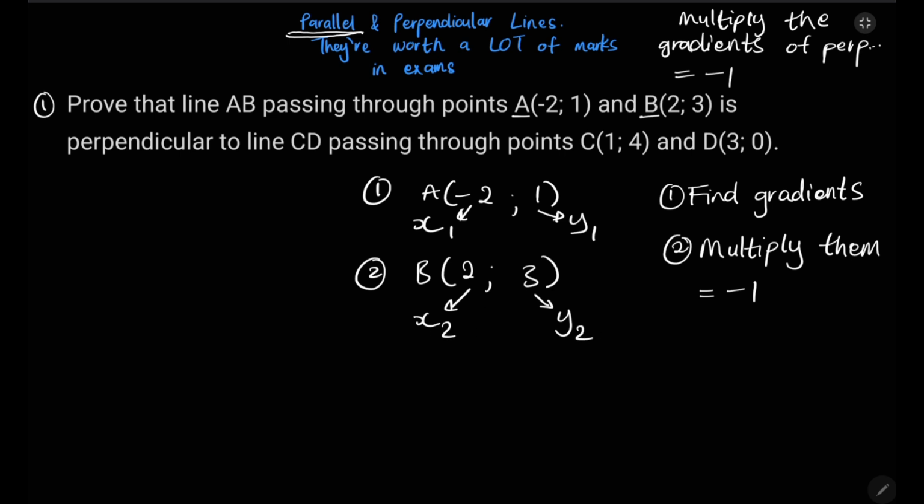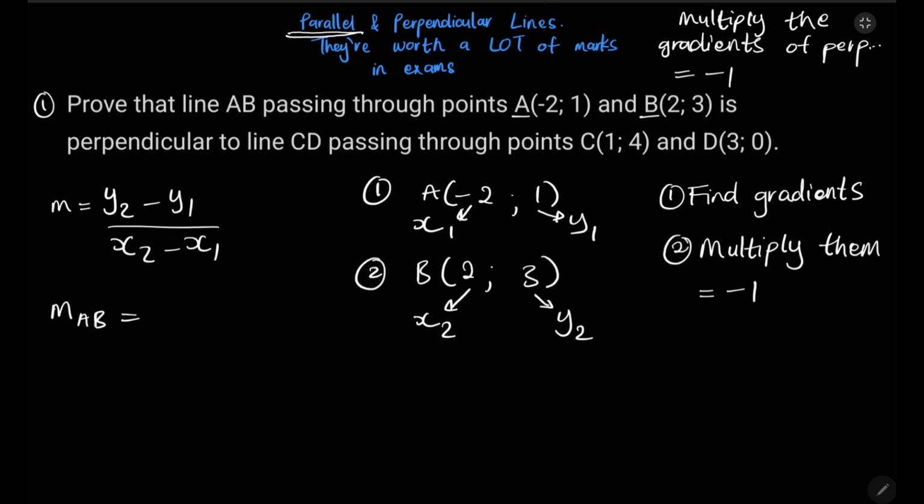Do you still remember the gradient formula? It's m is equal to y2 minus y1 all over x2 minus x1. Now let's substitute. We're finding the gradient of AB. Make sure that you specify this here.